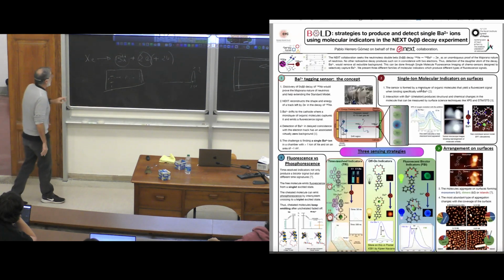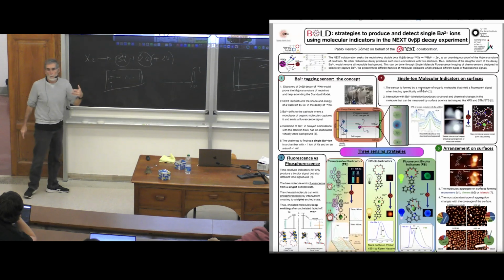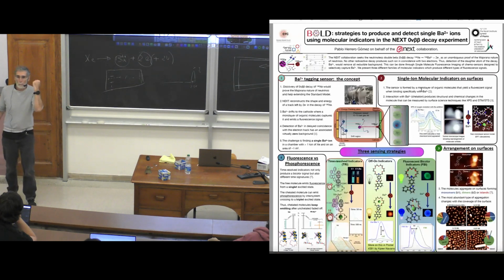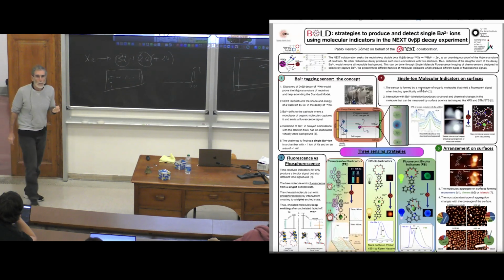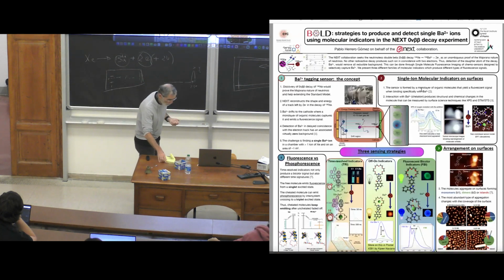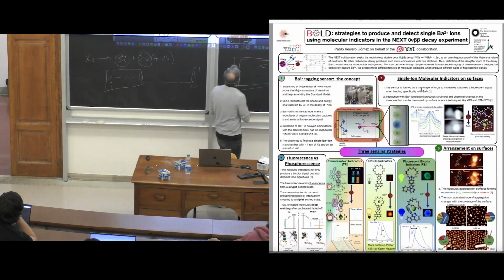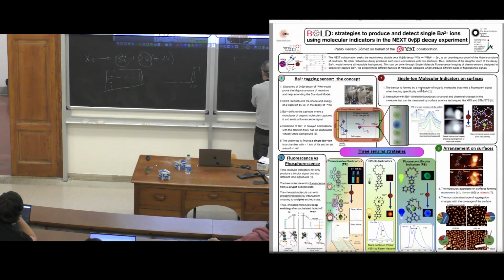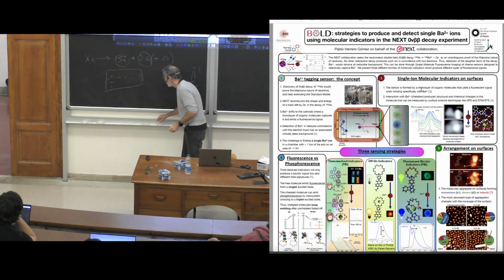Okay, so now, second problem. I need to grab the barium ion. How do I do that? Okay, we can think of a number of ways, but one interesting way is maybe I make a net, a fishing net.